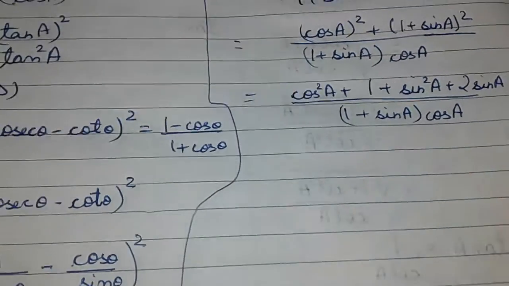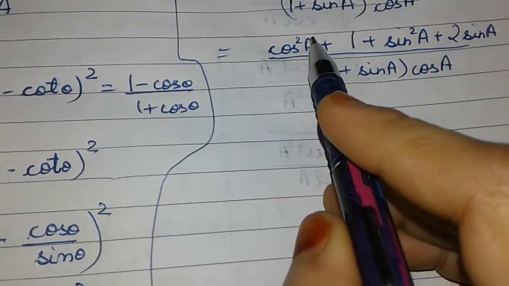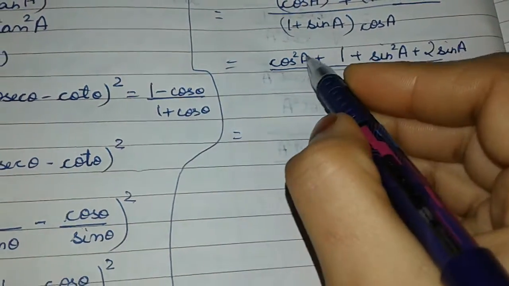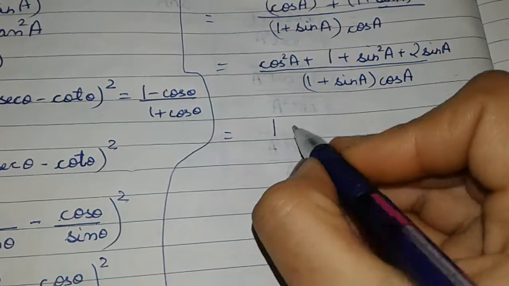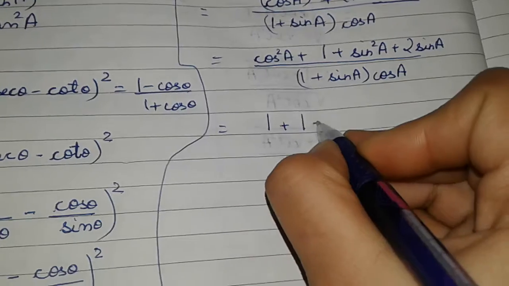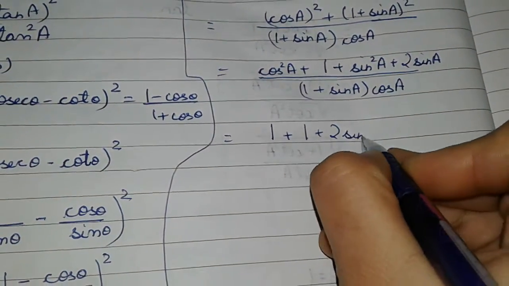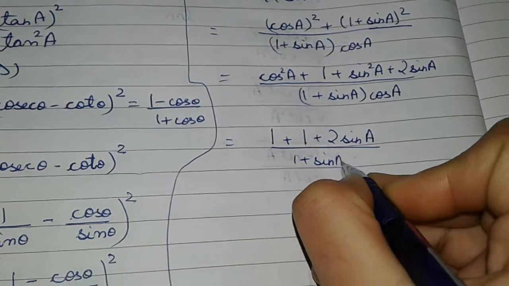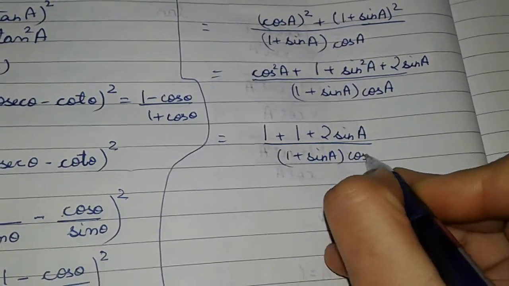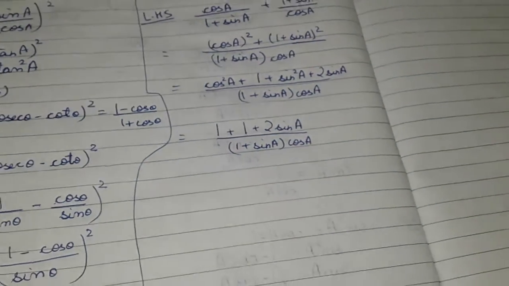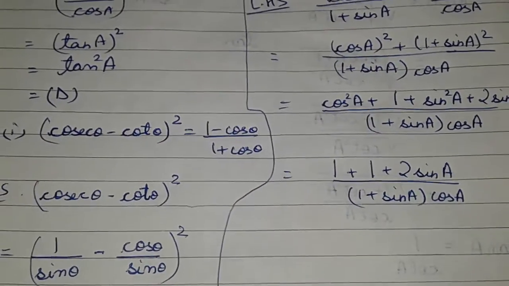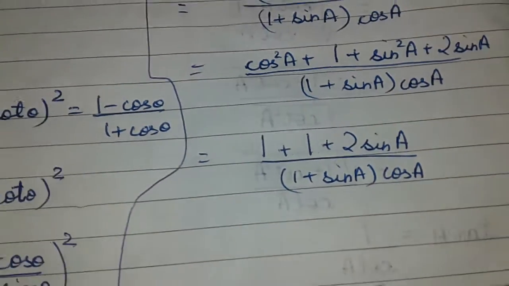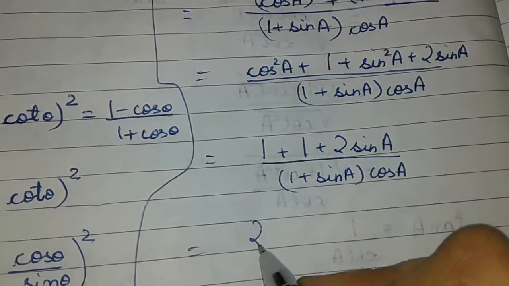Now we know the trigonometric identity that cos square A plus sin square A is equal to 1. Now this cos square A plus sin square A will be 1. Here this one will come here, and this is 2 sin A upon 1 plus sin A into cos A. Now this 1 plus 1 will become 2.